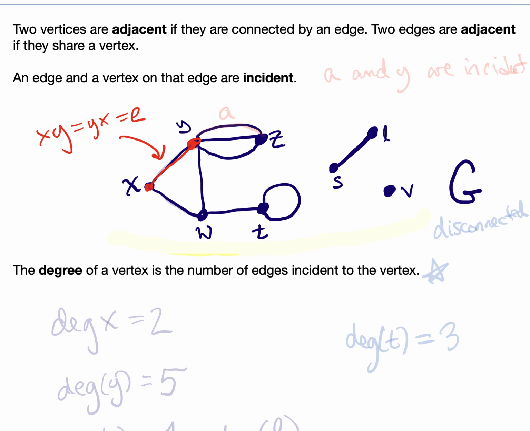So, for example, the edge E is adjacent with the edge, let's say, A. So E and A are adjacent edges because they share the vertex Y. An edge and a vertex on that edge are incident with each other. So, for example, A and Y are incident.